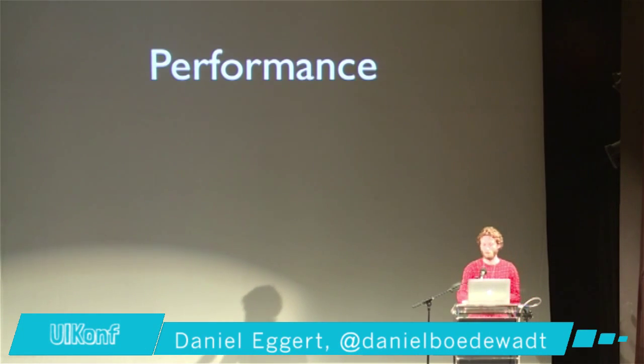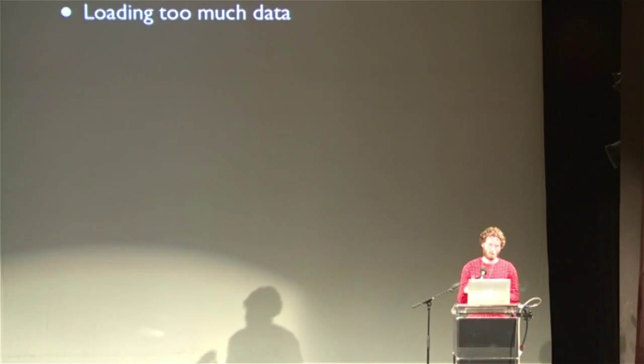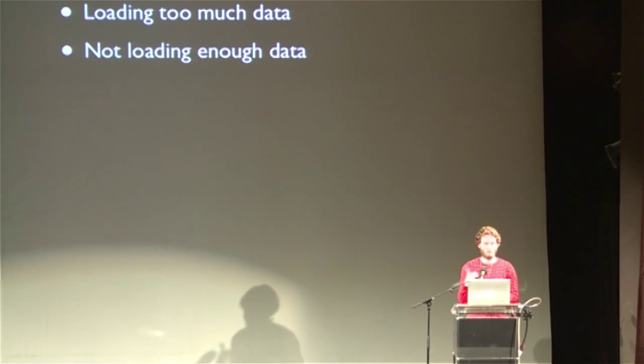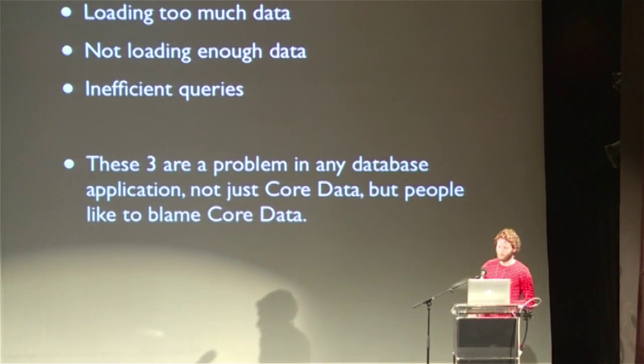And with that, we're on to performance. The top 3 reasons why Core Data is slow, and if you look on the web, everybody's complaining about it being slow. It's either slow because you're loading too much data, or it's slow because you're not loading enough data, so you constantly have to go back to disk, or your queries are very inefficient. But these are not problems with Core Data.